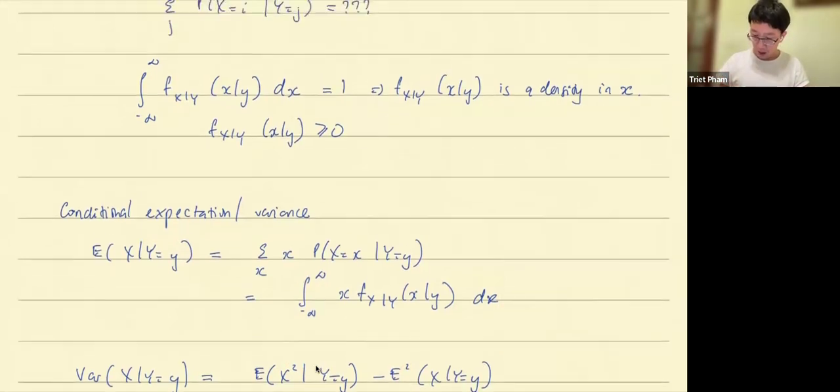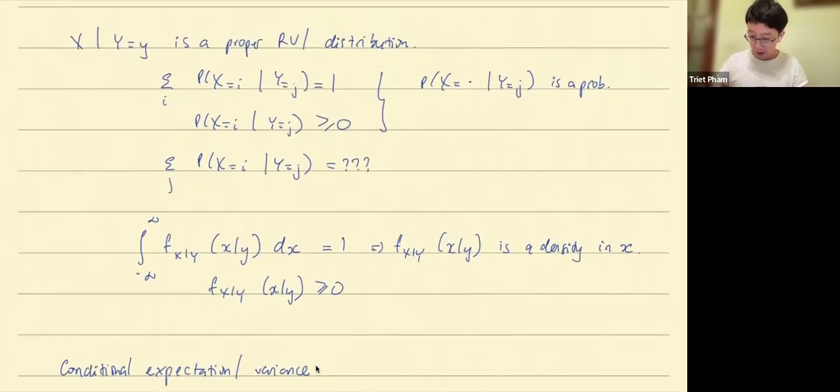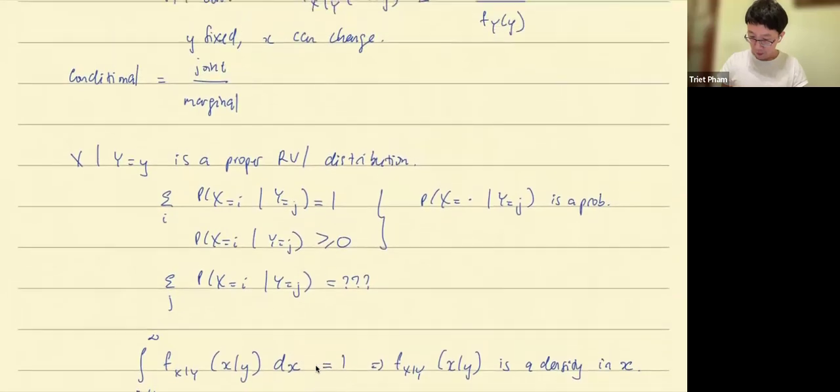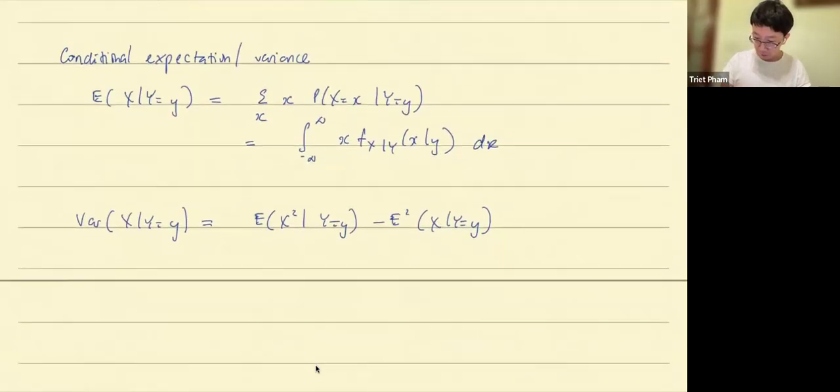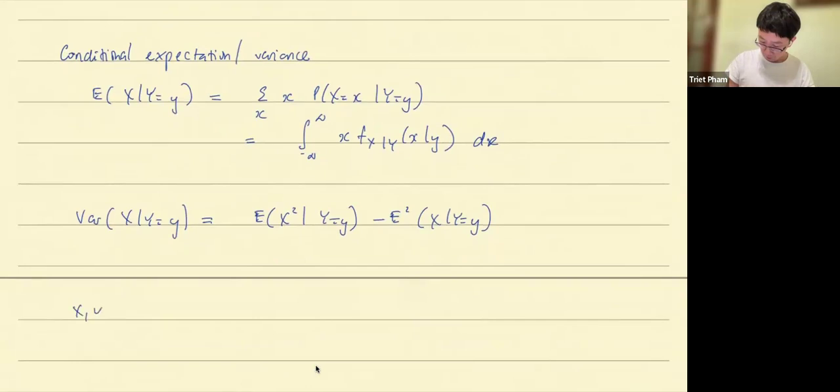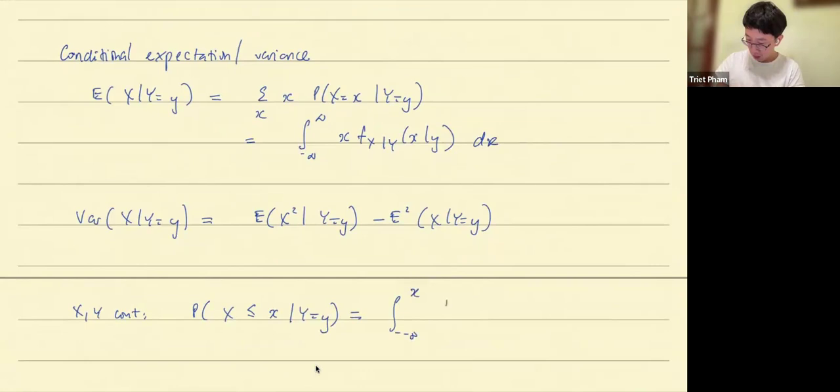Last but not least, let's mention again that when you have continuous random variables, then the probability of X being in some region, but conditioned on, let's say, Y equals a value, must be calculated using the conditional density.